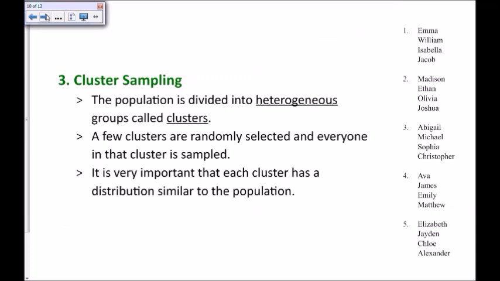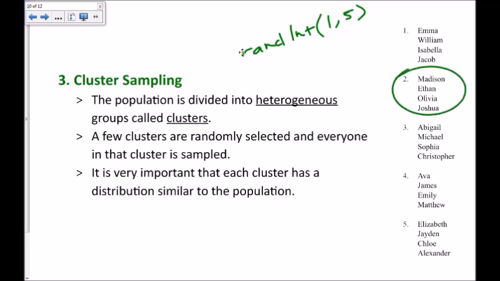Okay, third is a cluster sample. The population is divided into heterogeneous groups called clusters, where the clusters are all similar to the population. A few of the clusters are randomly selected, and everyone in that cluster is sampled. So for example, if I do randInt between 1 and 5, and I happen to get the number 2, then I will sample all 4 of those individuals.